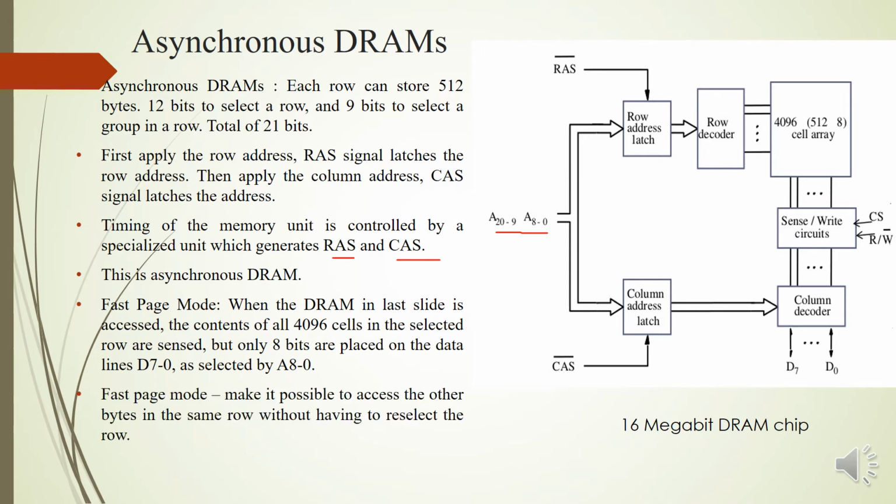Fast page mode makes it possible to access the other bytes in the same row without having to reselect the row again. A latch is added at the output of the sense amplifier in each column, and this type of array is good for bulk transfer.